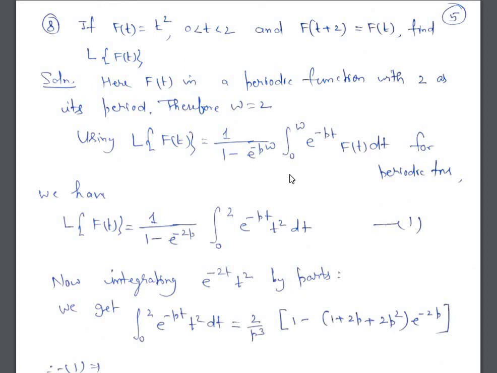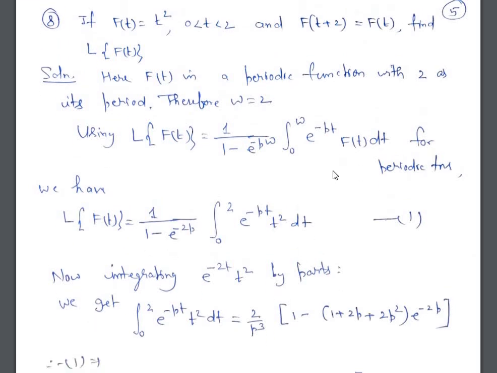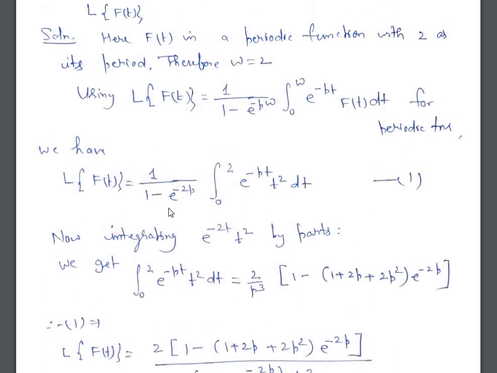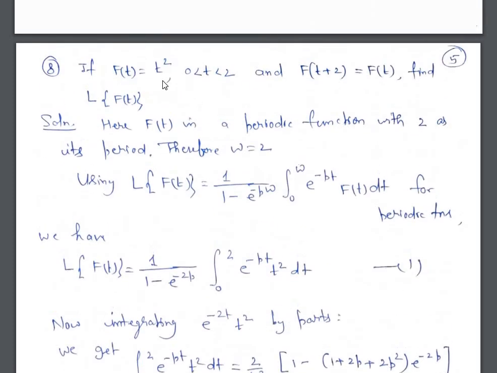Now, we have already stated this result. L of f t is equal to 1 upon 1 minus e to the power minus p omega times the integral from 0 to omega of e to the power minus p t f t dt, for periodic functions, where omega is the period. So, we have L of f t equal to 1 upon 1 minus e to the power minus 2 p, in place of omega put 2, integral from 0 to 2 of e to the power minus p t, and in place of f t we write t square.